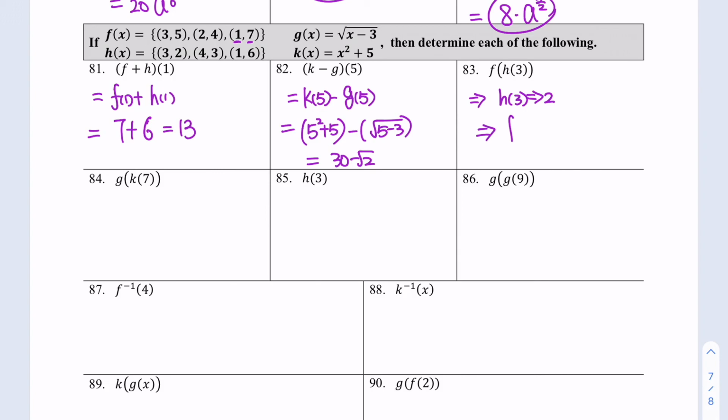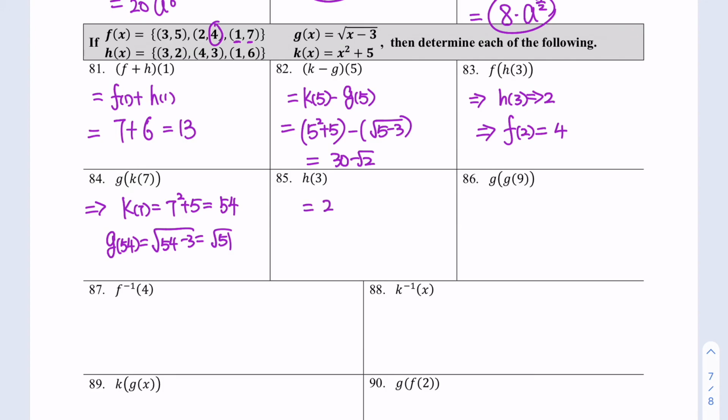This problem becomes f of 2. f of 2 equals 4. g of k of 7: first we evaluate k of 7. So k of 7 is 7 squared plus 5, 49 plus 5, 54. g of 54 equals the square root of 51. h of 3 equals 2. g of g of 9: first g of 9 gives us the square root of 9 minus 3, the square root of 6.